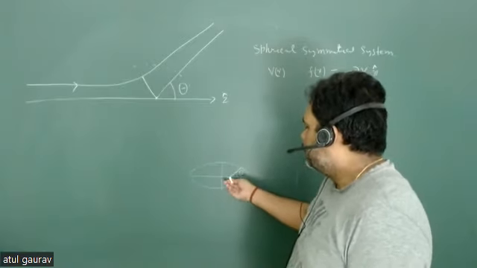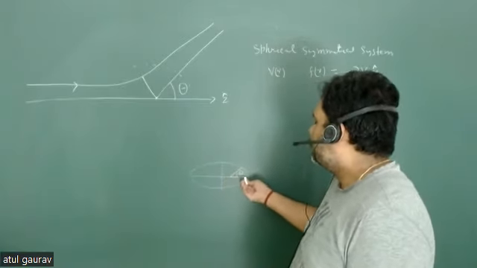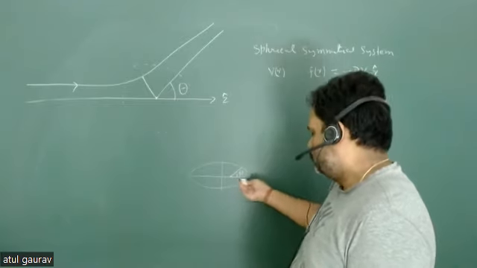And this theta is making an angle with respect to the minimum distance.